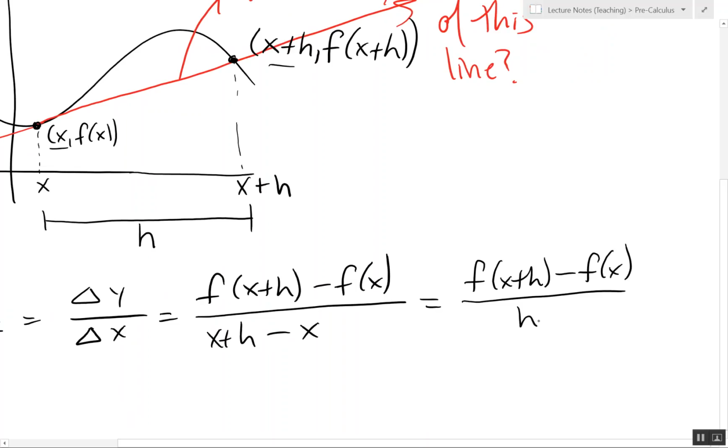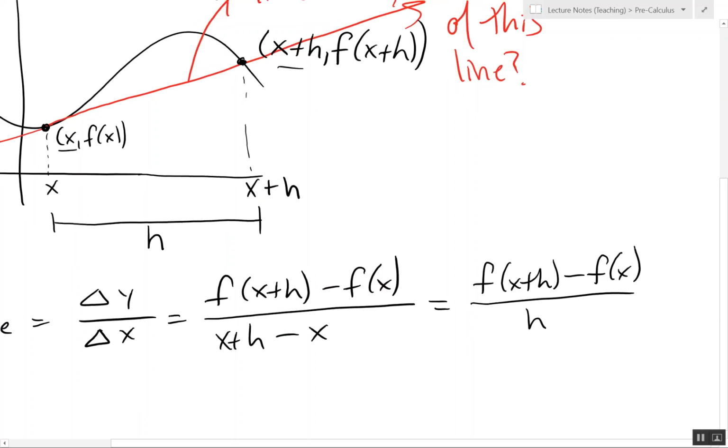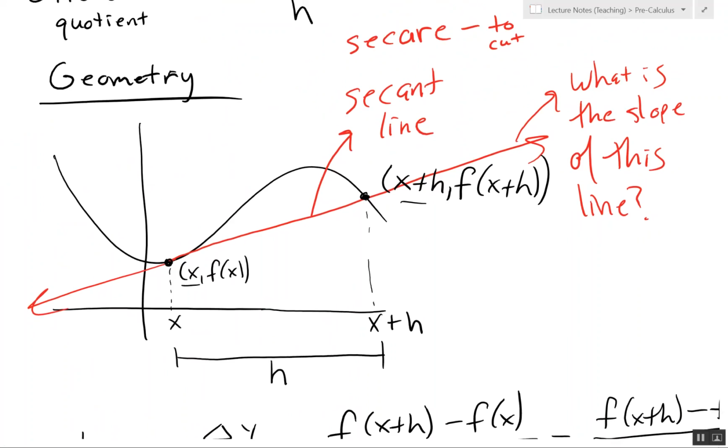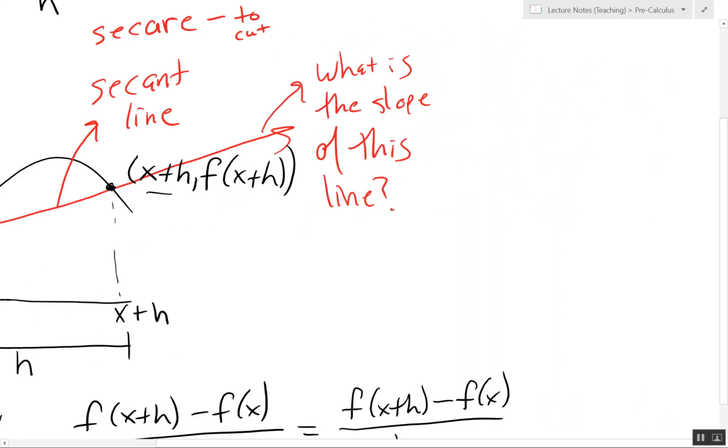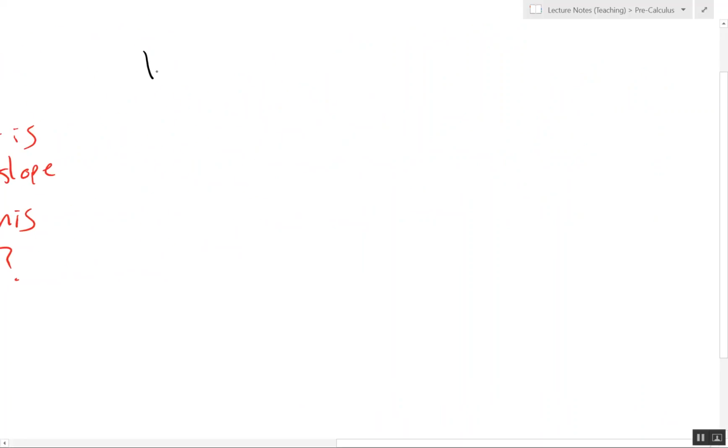So basically, given 2 distinct points on the graph of a function, the difference quotient is just the slope of the line connecting those 2 distinct points on the graph. And that works when the points are distinct, but what happens in this situation, when the distance between the 2 points is equal to 0?